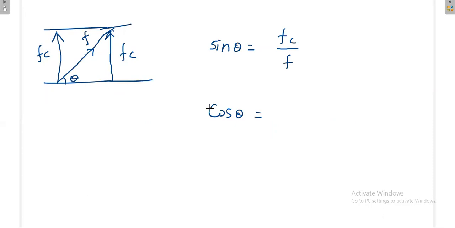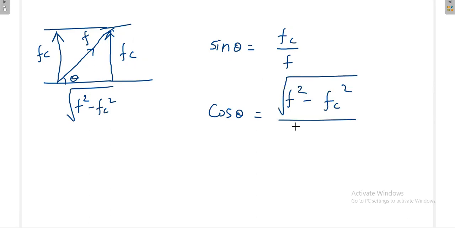Now what is cos theta? Cos theta is equal to the adjacent side divided by the hypotenuse. What is the adjacent side? Using the Pythagoras theorem, the adjacent side is the square root of f square minus fc square, divided by the hypotenuse f. Taking f out of the square root, this is the square root of 1 minus (fc divided by f) whole square.